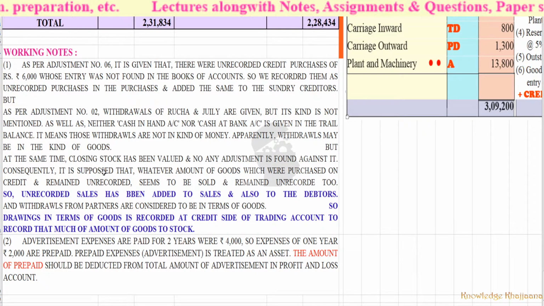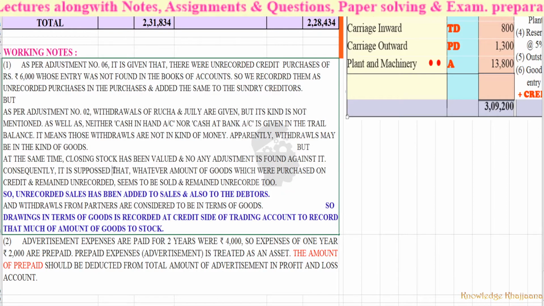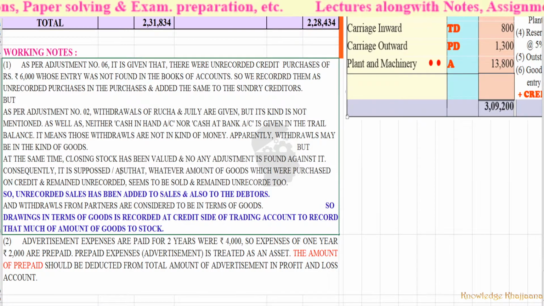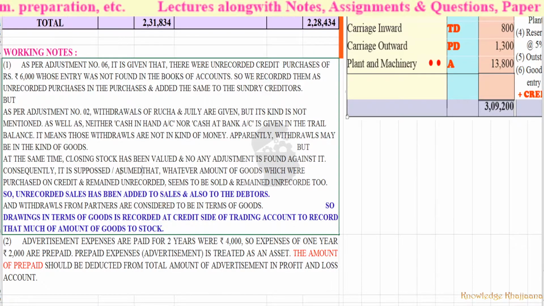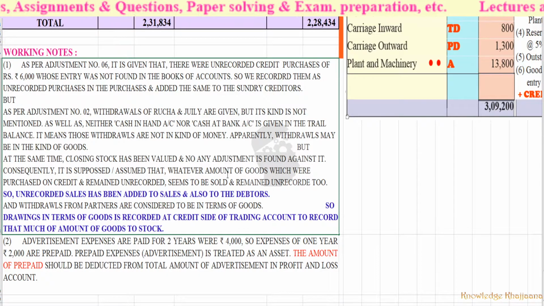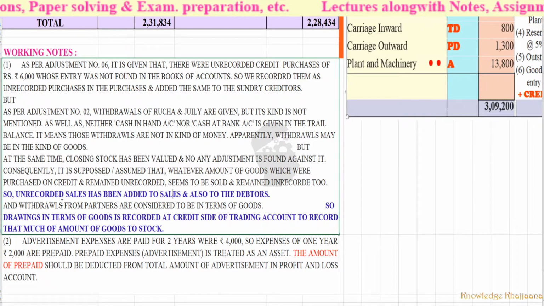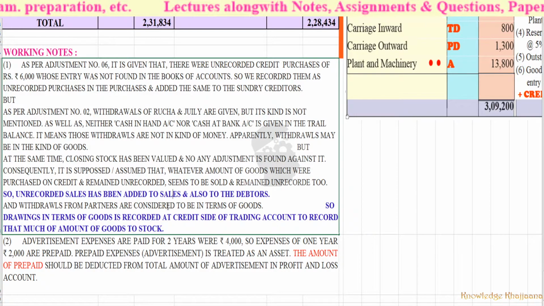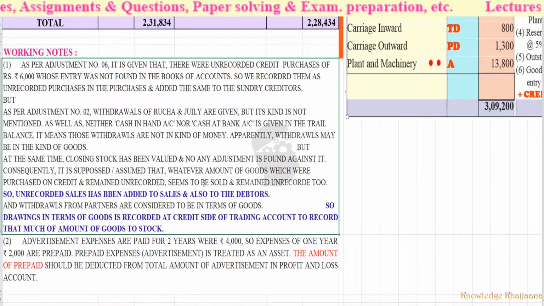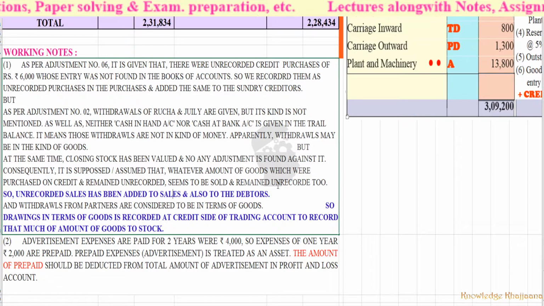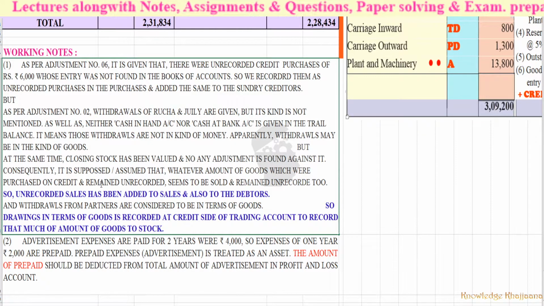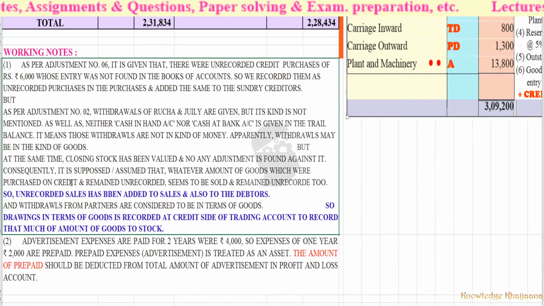Consequently, it is assumed that whatever amount of goods were purchased on credit and remained unrecorded, it seems that much of the goods were sold and remained unrecorded also. See, those were purchased on credit and remained unrecorded.